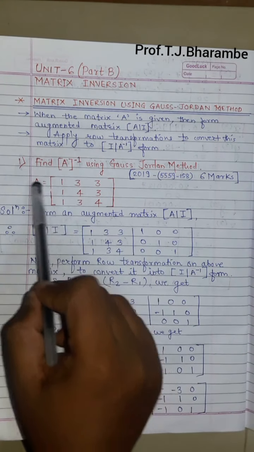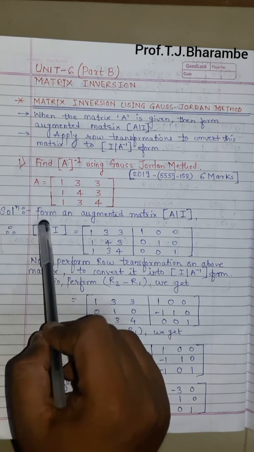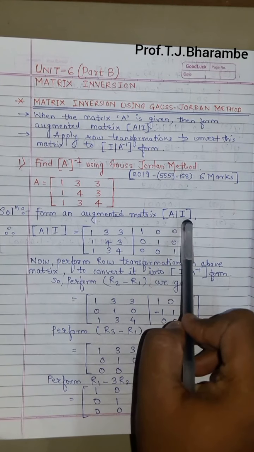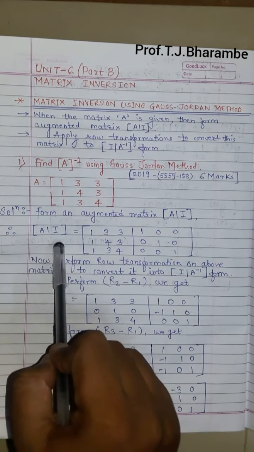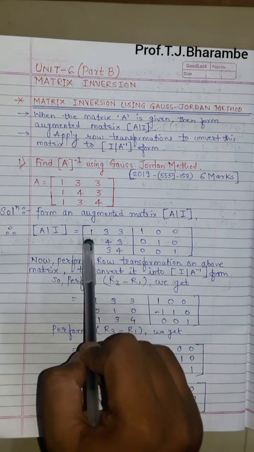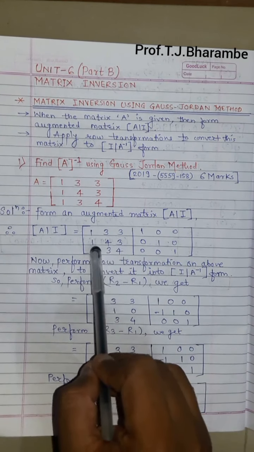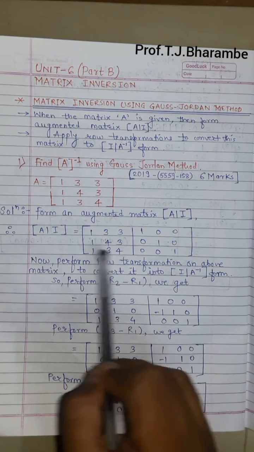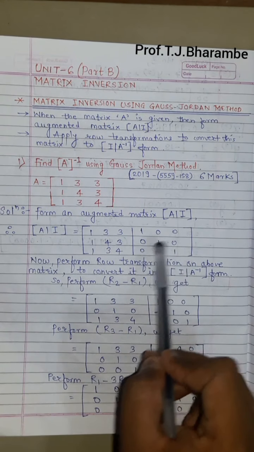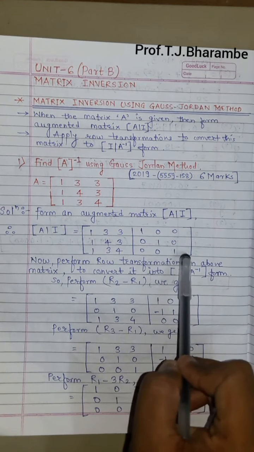So see here, first step is we have to form an augmented matrix, that is A augmented I. I have written A augmented I. Matrix A values will be written as it is here, that is 1 3 3, 1 4 3, 1 3 4, whereas we have to write here an identity matrix, that is 1 0 0, 0 1 0, 0 0 1.